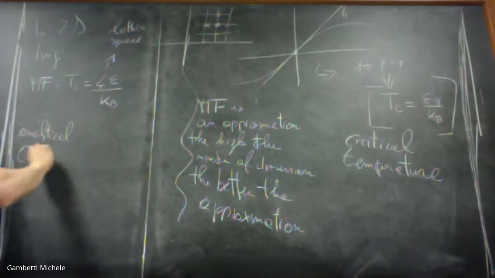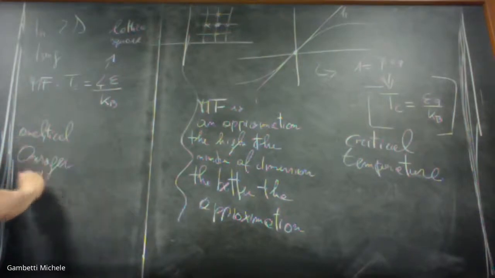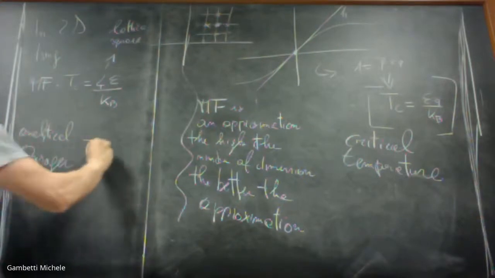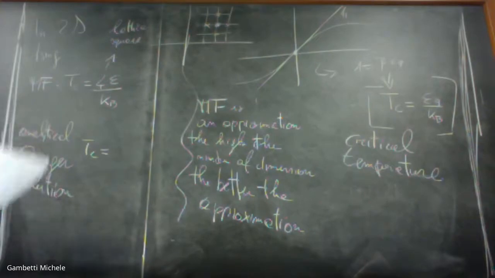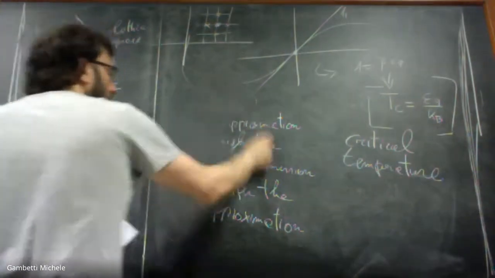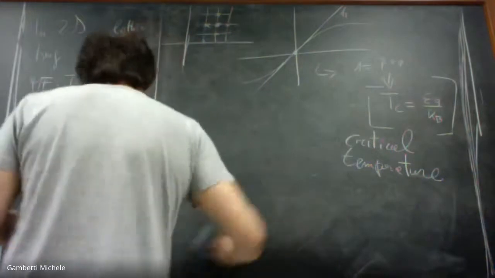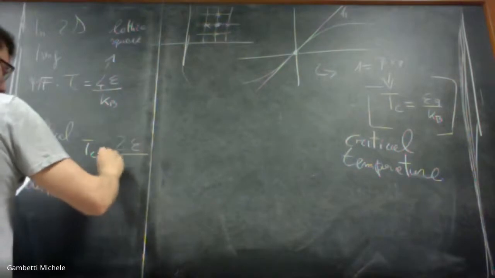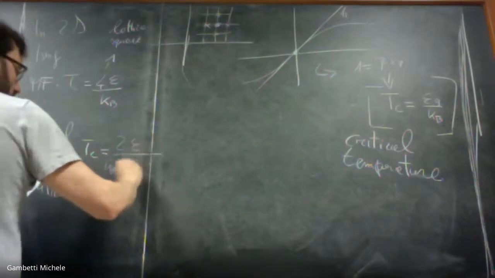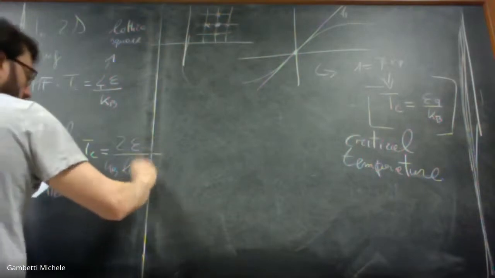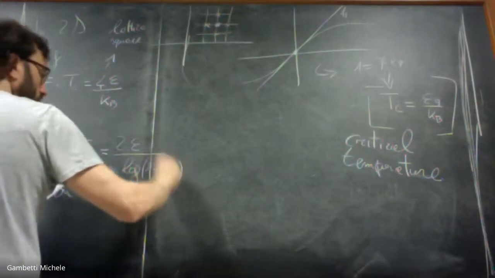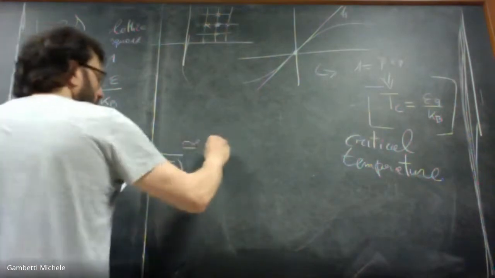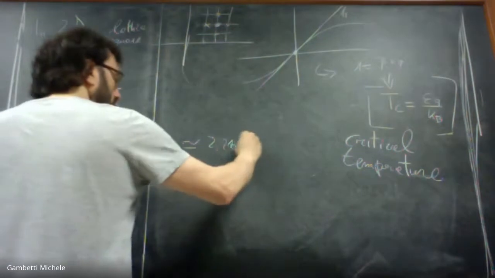Whereas in the analytical solution, the Onsager solution, one finds that Tc is equal to, let me quote the full result, 2 epsilon divided by kB times the log of 1 plus square root of 2, which I think is close to 2.27 epsilon divided by kB.